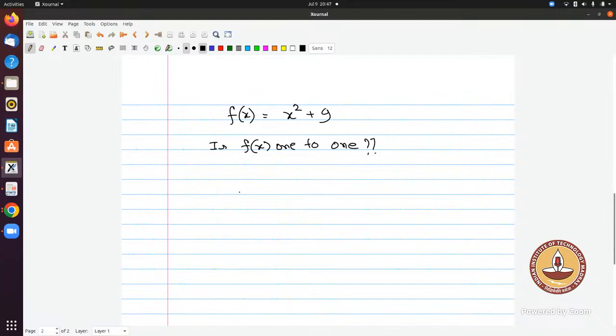Why? For x equal to 1 and minus 1, both will have the same answer. Exactly. This is a parabolic function, the type you have seen. For plus and minus we get the same square, so for 1 and minus 1 the value will be the same. So it is not a one to one function.